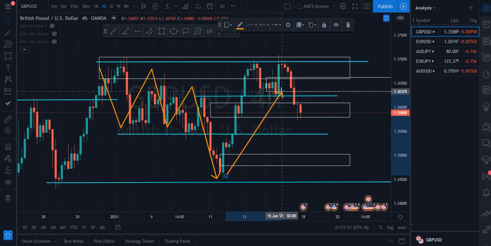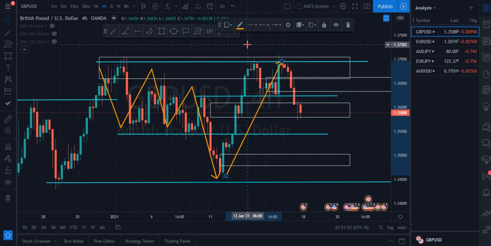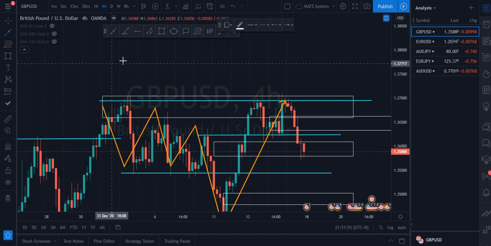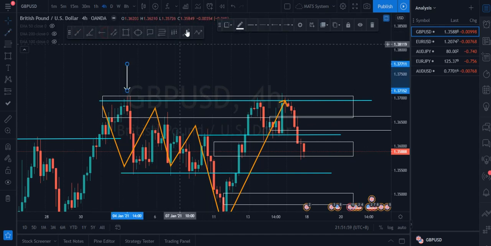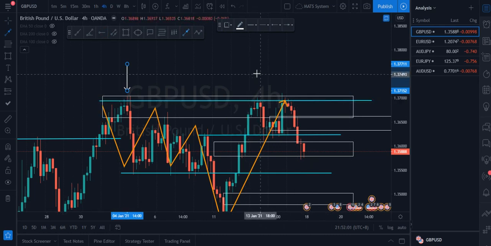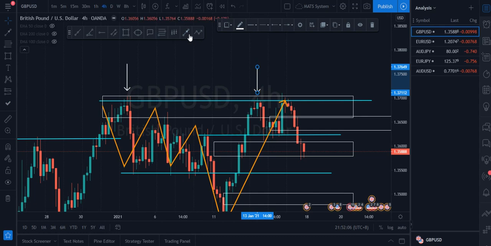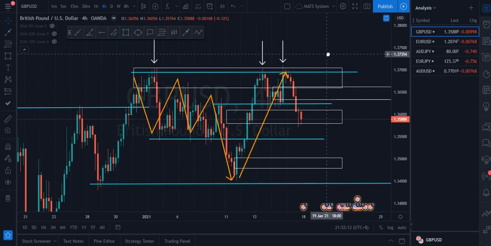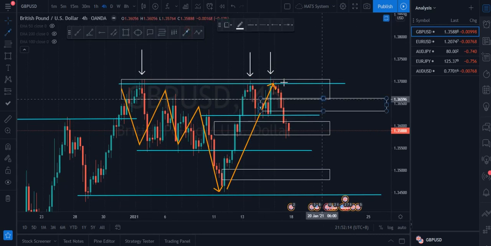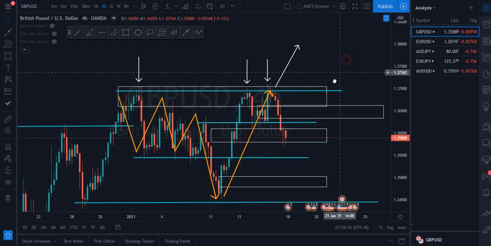Second try. See, there's a saying: if the price has been knocking on the door, which I call the resistance, for 2 times or 3 times, the more it knocks, it shows one thing, that there's a potential that it might break.